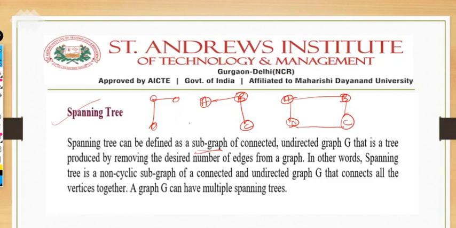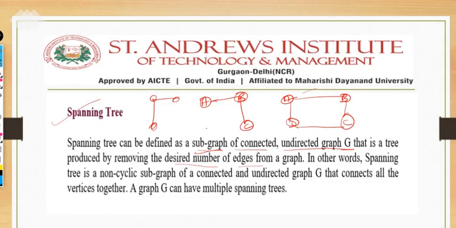To understand the spanning tree, here we have the subgraphs of a connected and undirected graph. Direction should not be there, otherwise it will not be the same thing regarding spanning tree. In case of undirected, if I'm taking an example, this is a graph and these are the subgraphs here. By removing some number of edges from this particular graph, we can remove any edge in order to make it a subgraph.